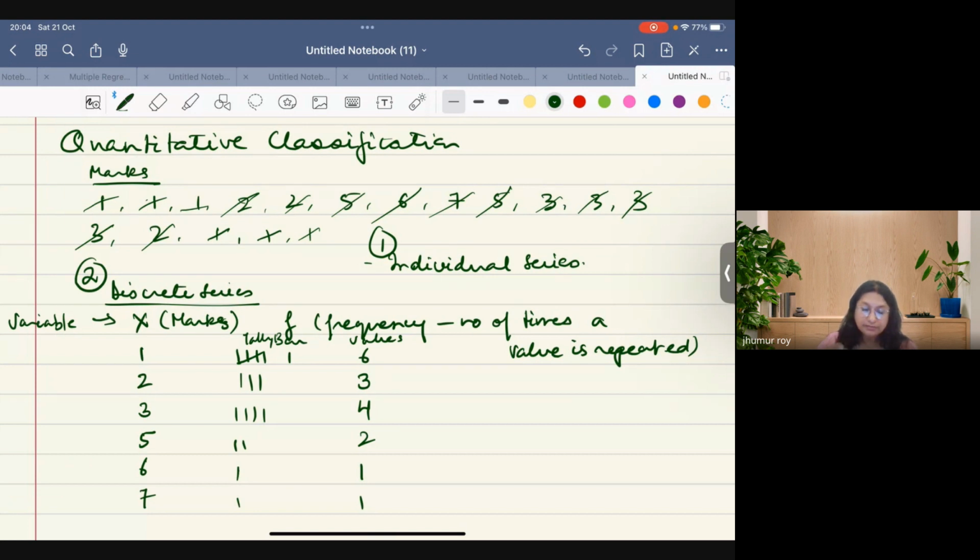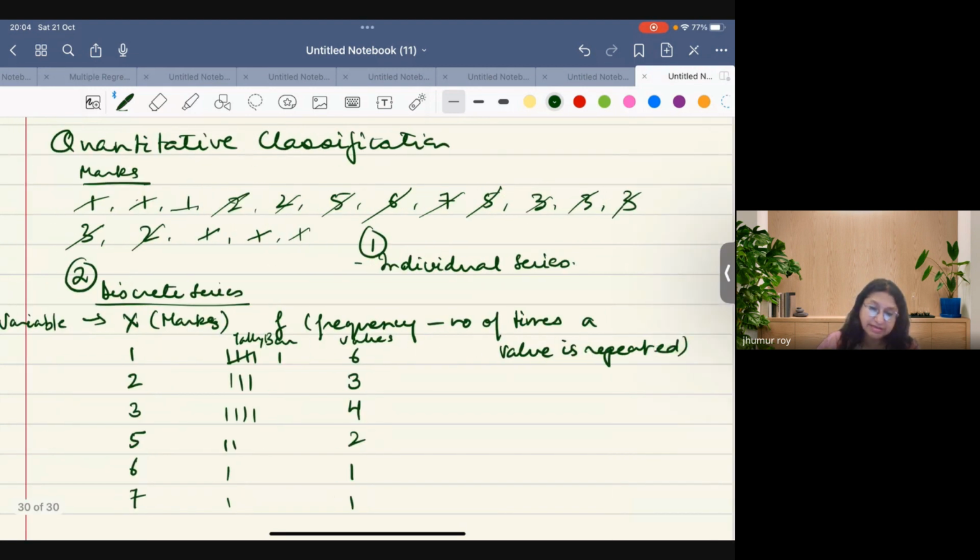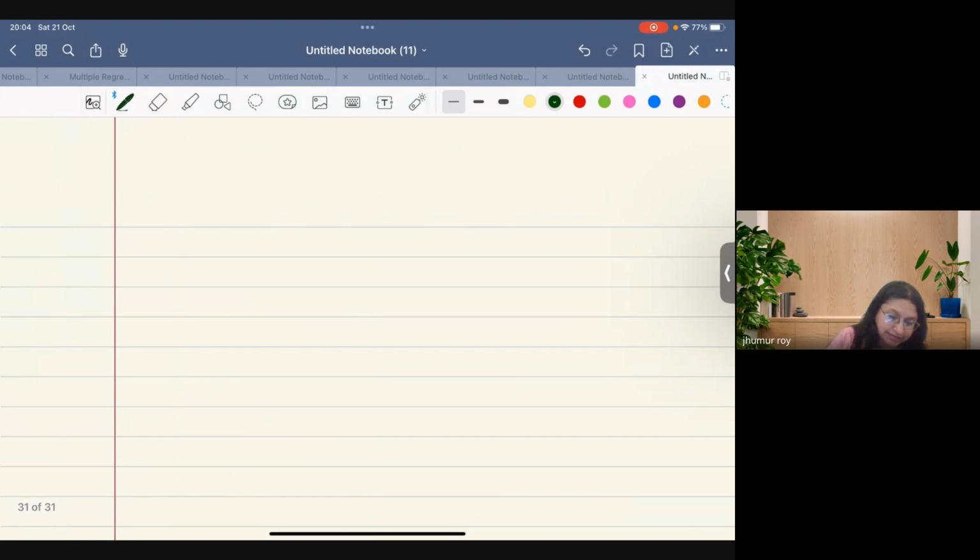Okay. Now I come to the third series, which is called continuous series. What is a continuous series? Now, suppose there are a lot of values, suppose there are 100, 200, 300 values. Now, I can't keep writing individual values.